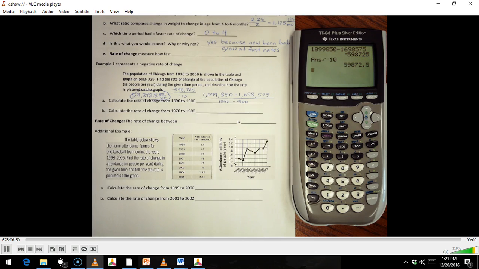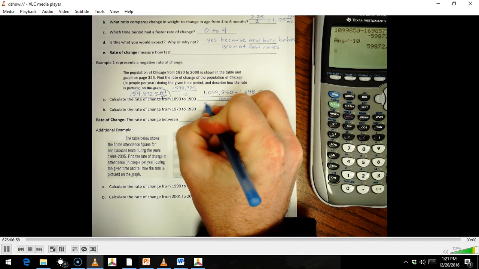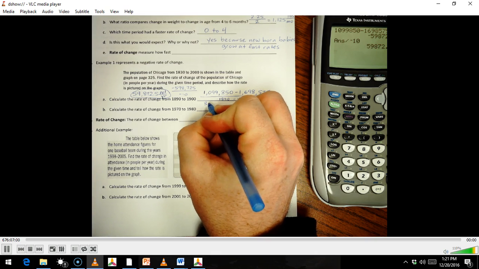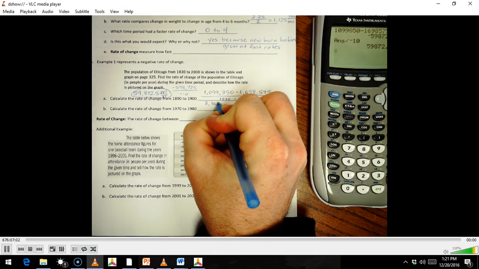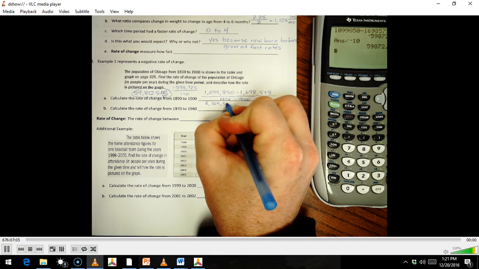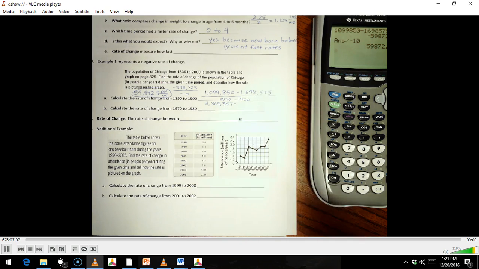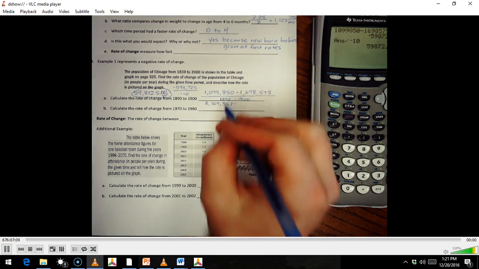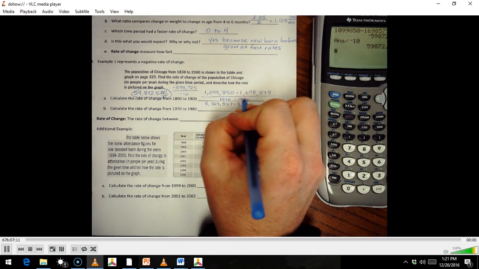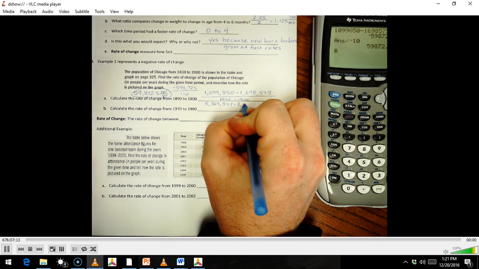So in 3B, we look at our data, and in 1970, 3,369,357 minus the 1980 data, which is 3,005,072.